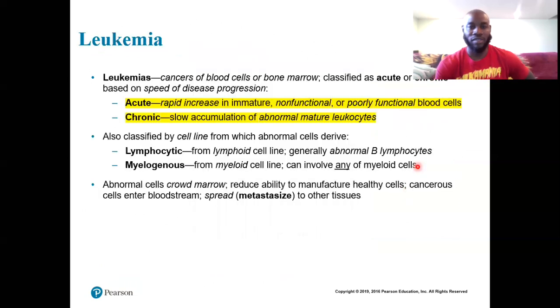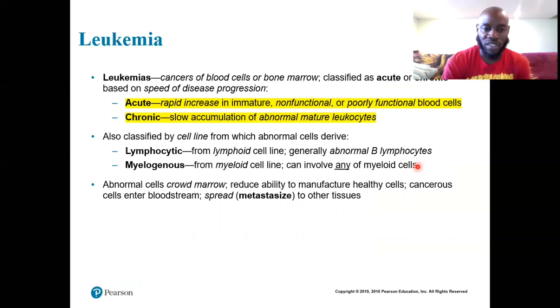Leukemia. You may not have put those two things together at one point. Leukocyte, leukemia. Maybe you didn't think those two terms were related if you had heard both of those terms. But leukemia is cancer of the blood cells or bone marrow. Right?